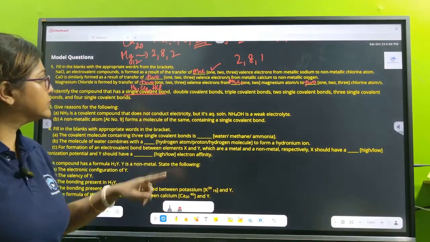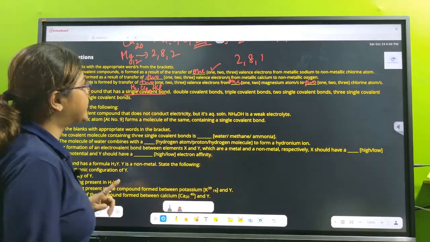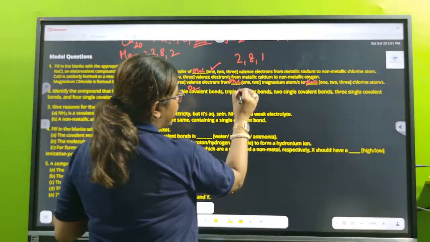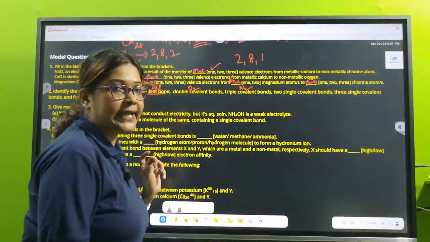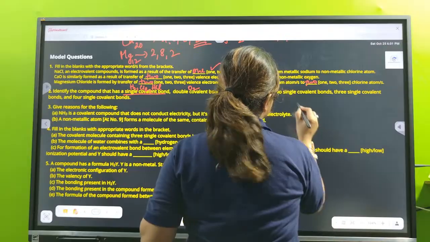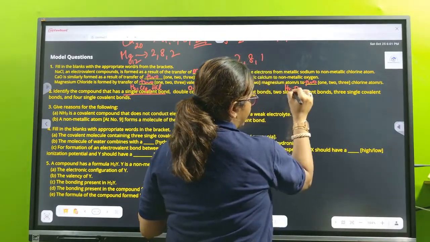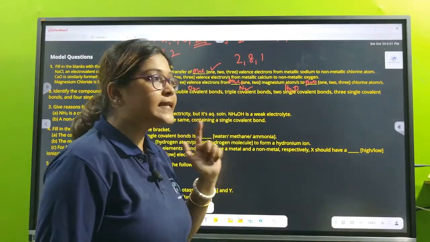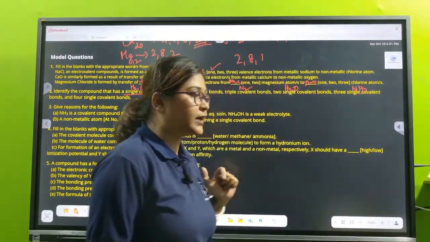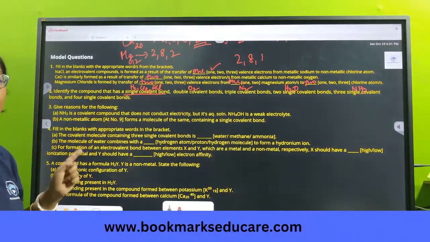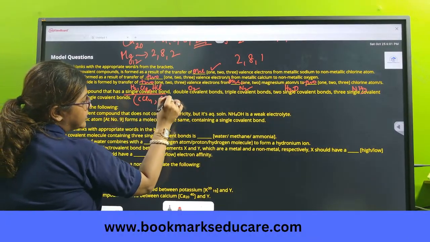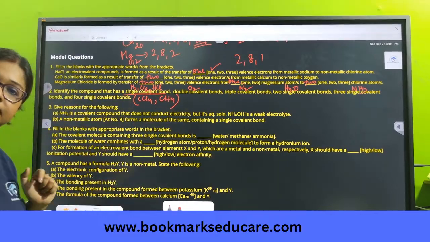Double covalent bond, water. 3 single covalent bonds, ammonia. And 4 single covalent bonds, carbon tetrachloride or methane. Is it clear?